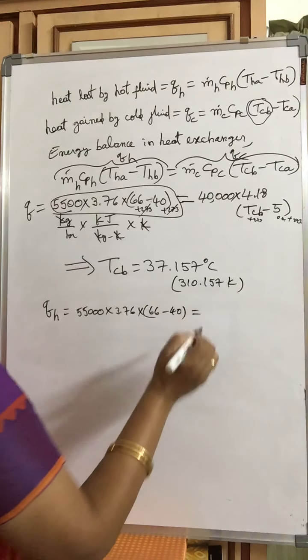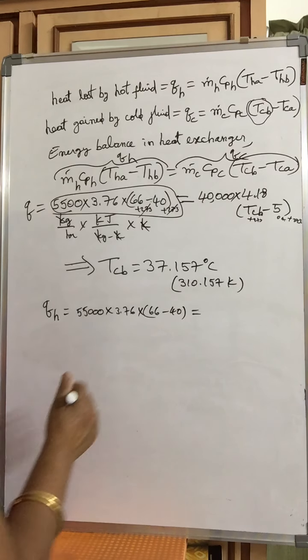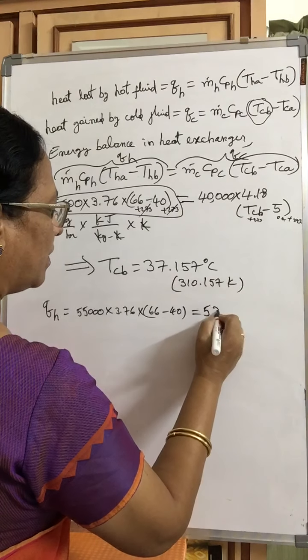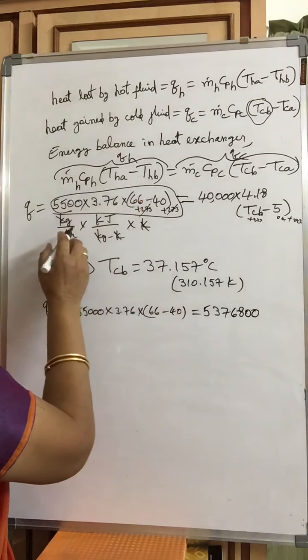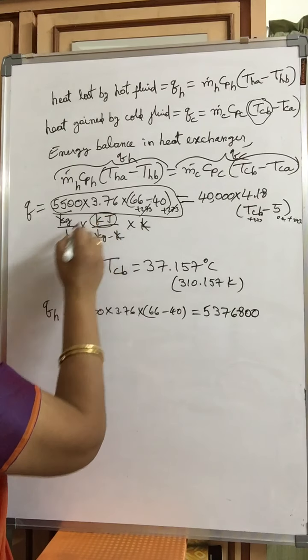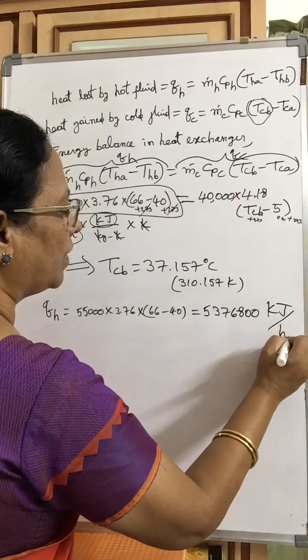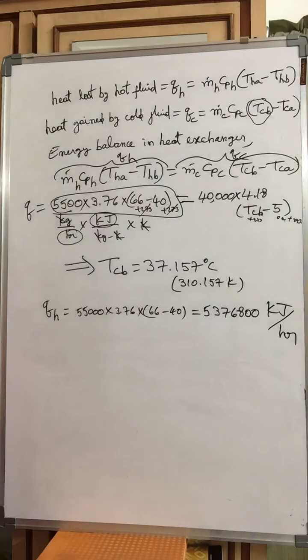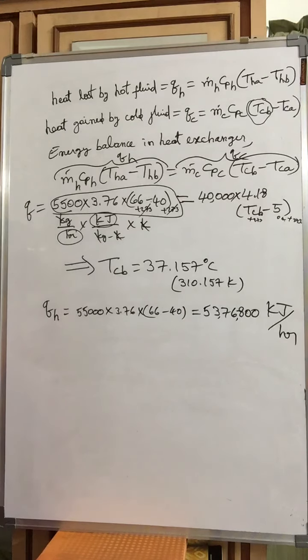This separately if you have, how much is QH? 5376 800. This is what? Kilojoules per hour. So kilojoules per hour you have. Okay? Like that we can calculate QH.